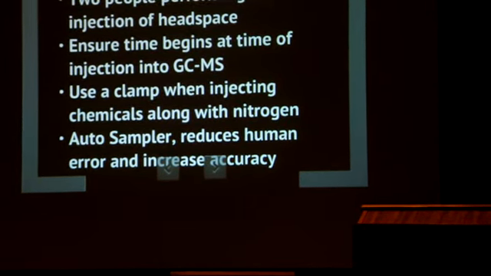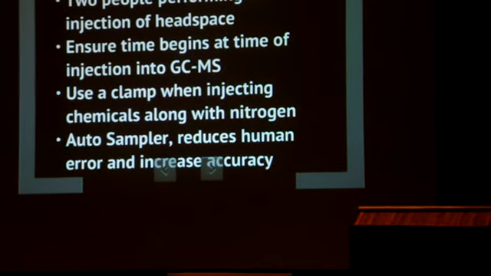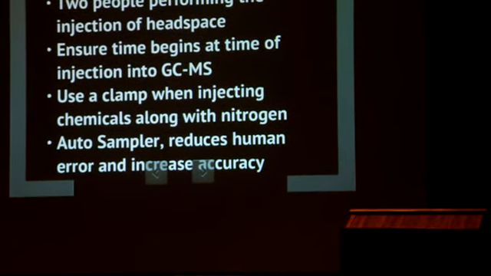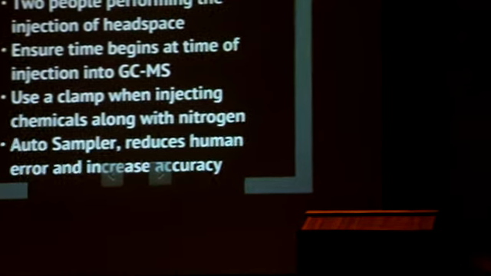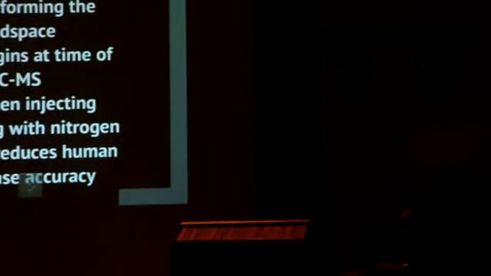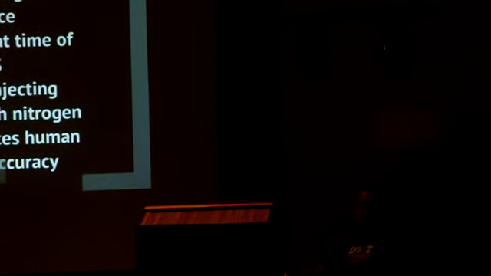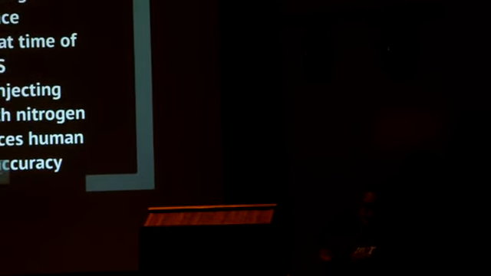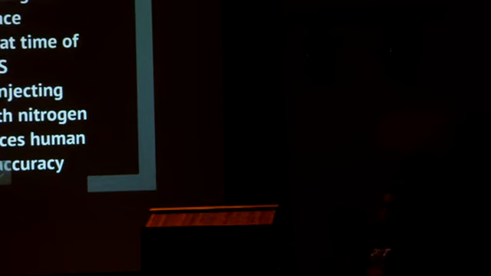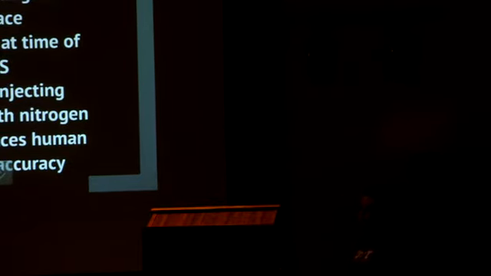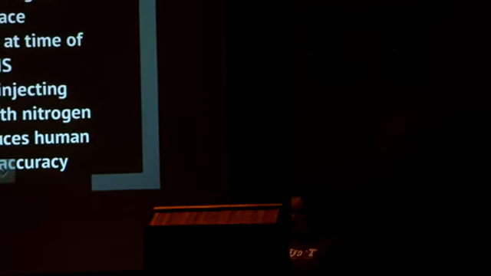And also an auto sampler reduces human error and increases accuracy. It's a machine that injects the sample itself, so we wouldn't even have to touch it. We wouldn't have to worry about things like body heat or going too fast or too slow. The auto sampler would do it all, so that would just make things a little bit easier. That's it.